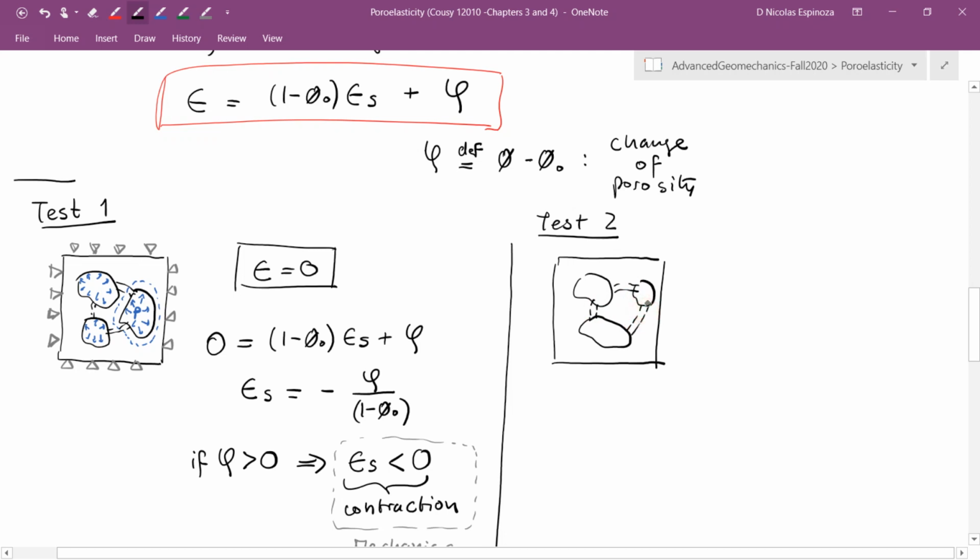And these are the boundary conditions I'm going to apply. Now I'm going to apply stress. It's going to be the same in all directions.